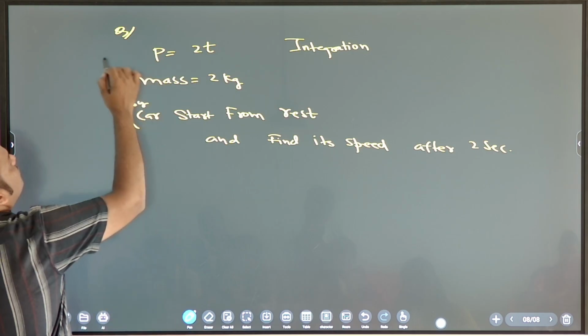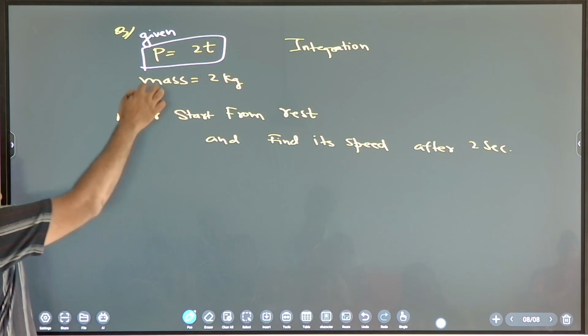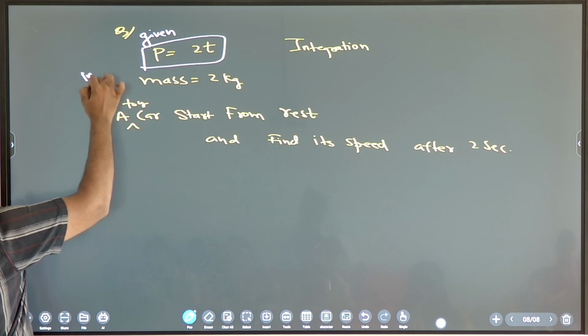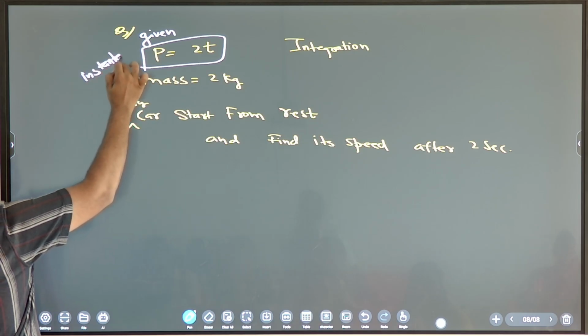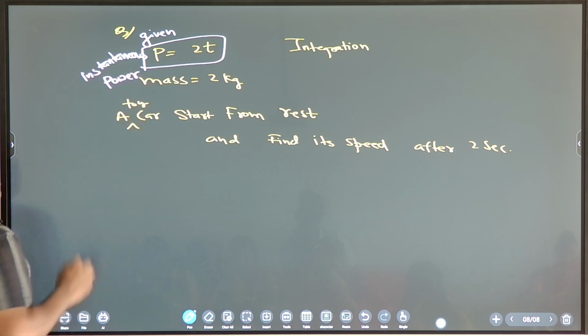What is given? Power. This is what type of power, instantaneous or average? Instantaneous. This is instantaneous power.